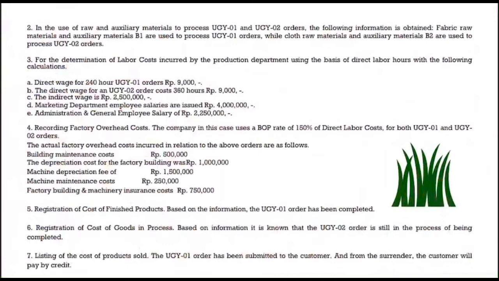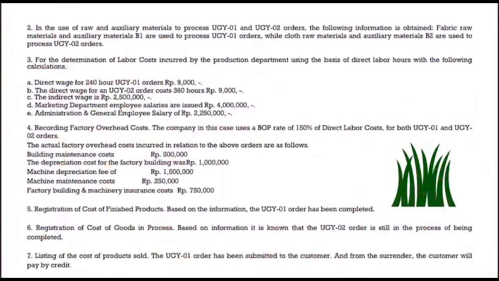And the next is about recording factory overhead cost. The company in this case uses a factory overhead cost rate of 150% of labor costs for both UG1 and UG2 orders. The actual factory overhead costs incurred in relation to the above orders are as follows. Building maintenance cost is 500 rupiah.